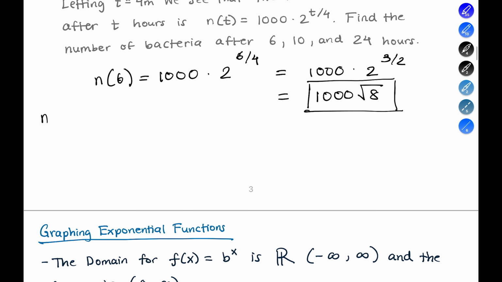After 10 hours, which is n of 10, it becomes 1,000 times 2 to the power of 10 over 4, which is equal to, this cancels out, this becomes 2, and this becomes 5. So this is equal to 1,000 root 32.